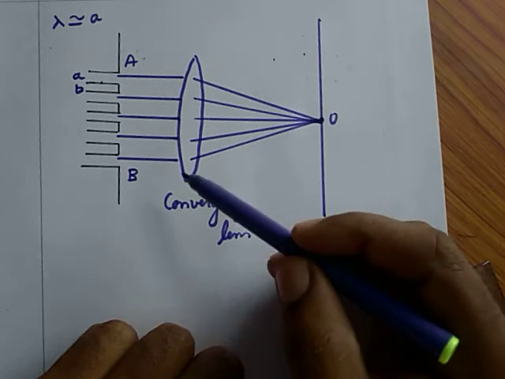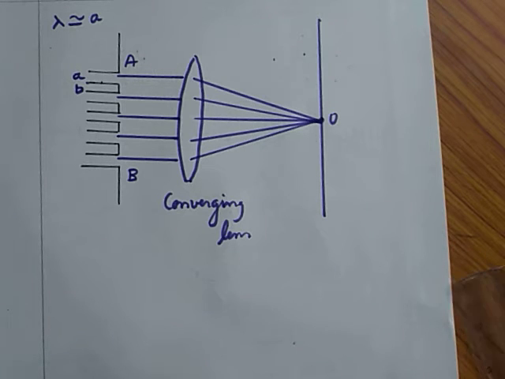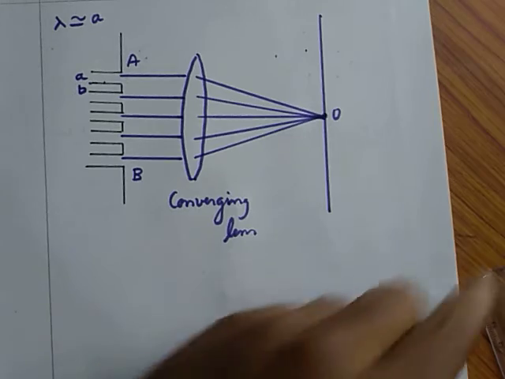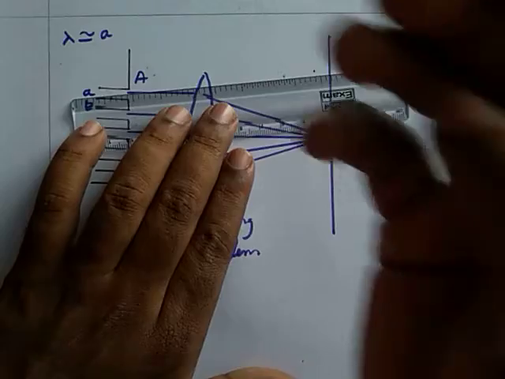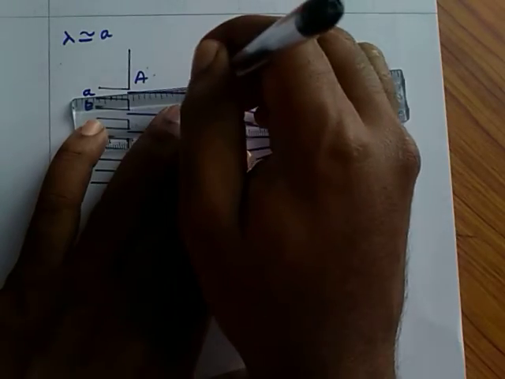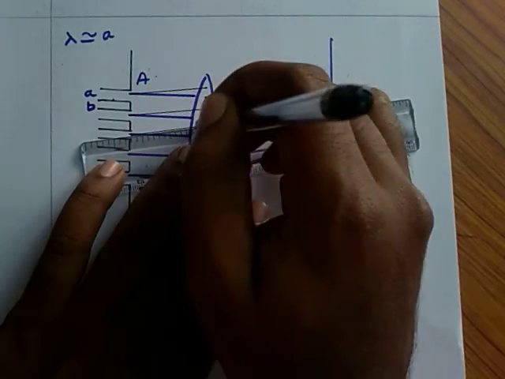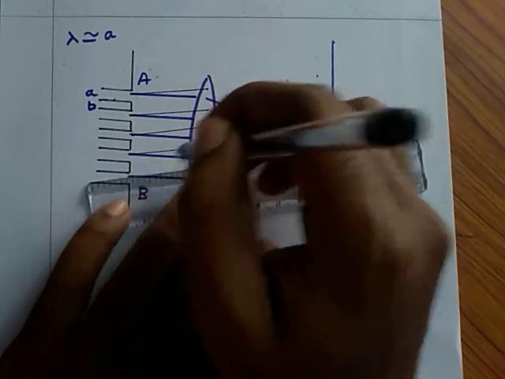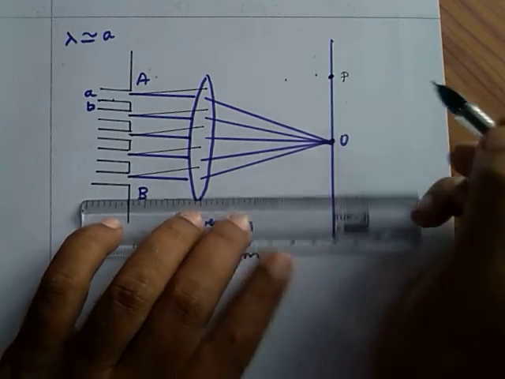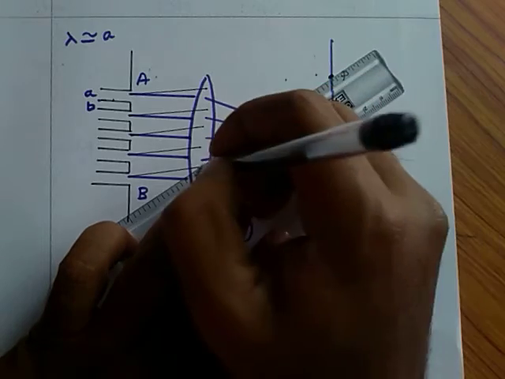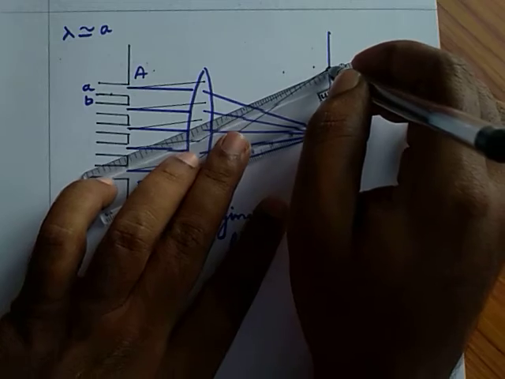Next, we know according to Huygens principle, all the points on the wavefront behave as a source of secondary wavelets. So I consider one more wavefront, drawn like this according to Huygens principle, parallel to one another. At the point P on the screen they meet and intersect.